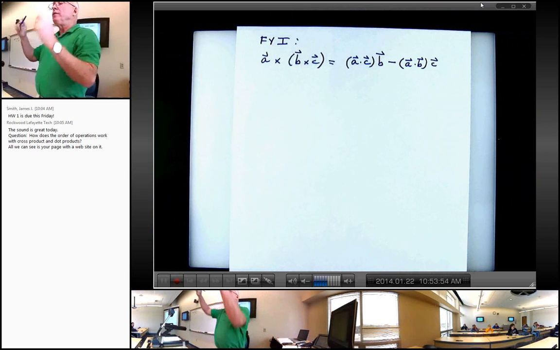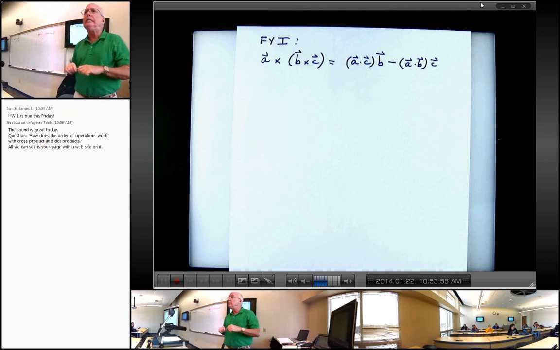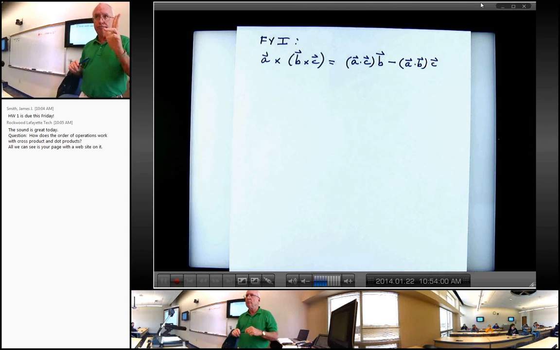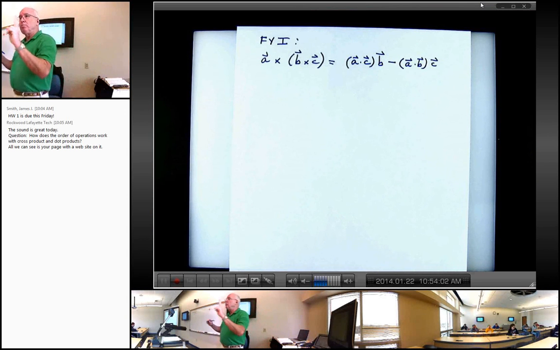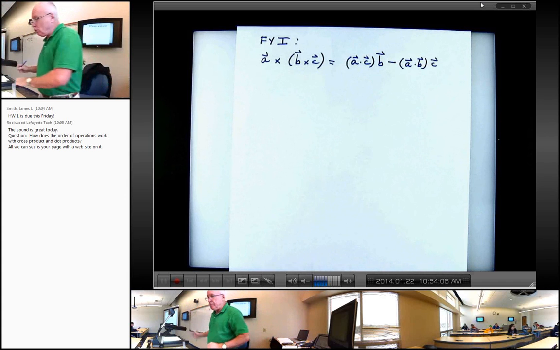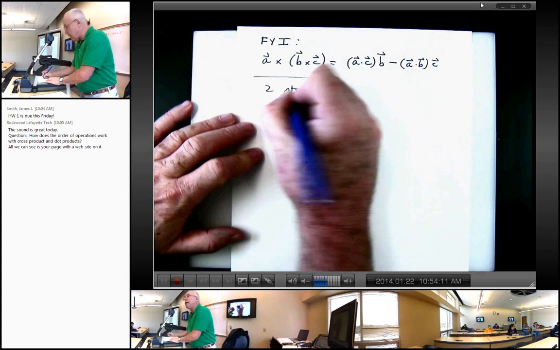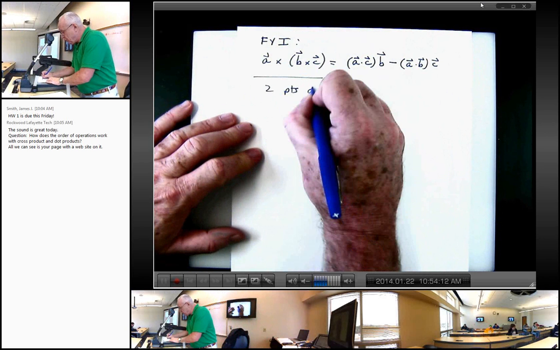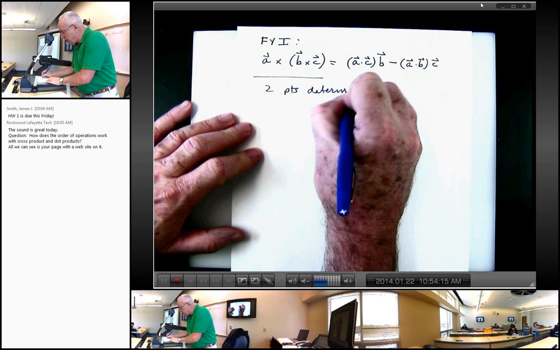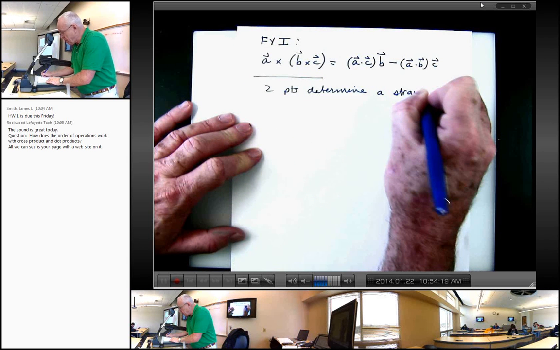But in order to figure out what the straight line is, how many separate points do we need? 2. We basically only need 2 points to be able to figure out what the straight line is, okay? So 2 points determine a straight line. All right.